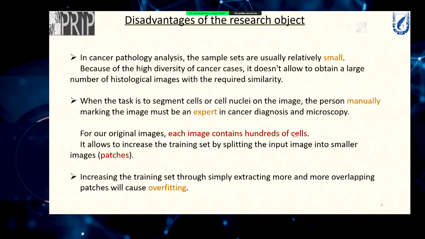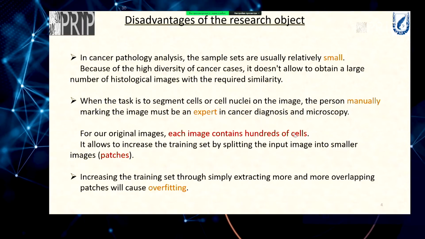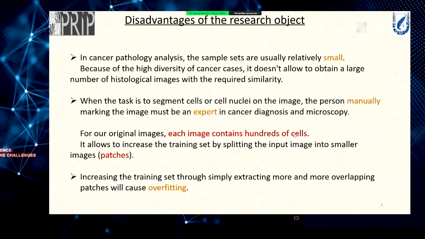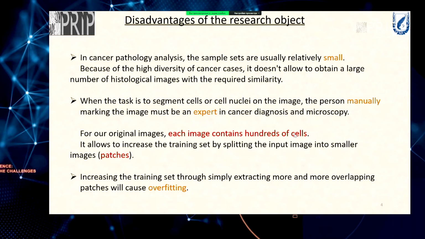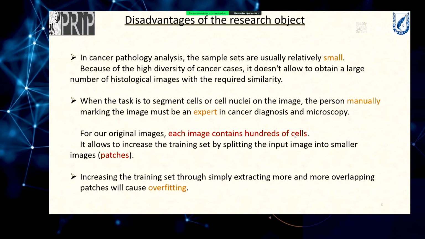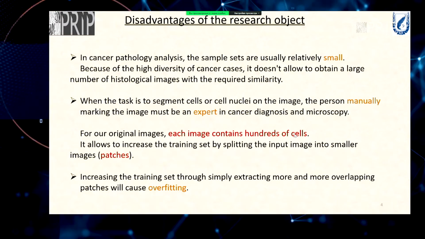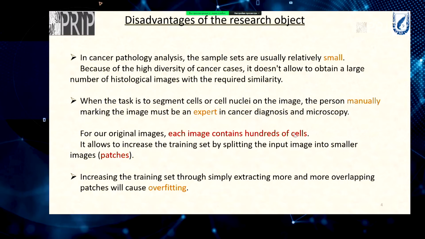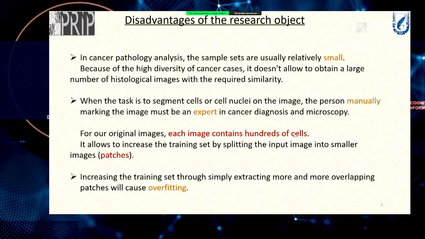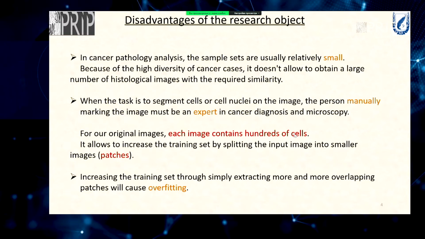And secondly, experts and specialists need to manually label these images. It is hard work for them to do. But fortunately for us, in our original images, each image has hundreds of cells, so it is easy for us to split our images into smaller patches.